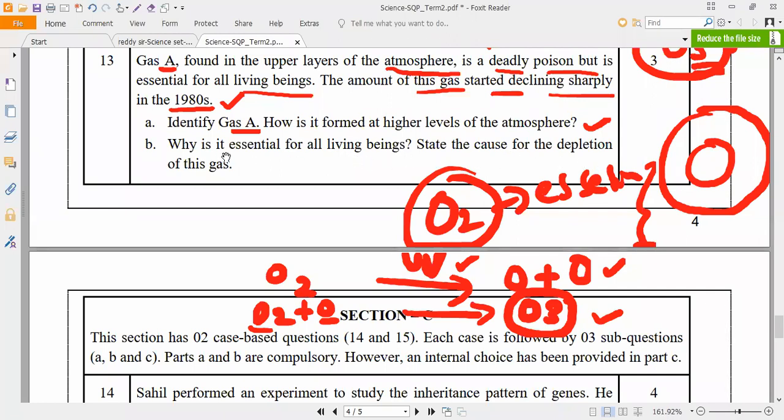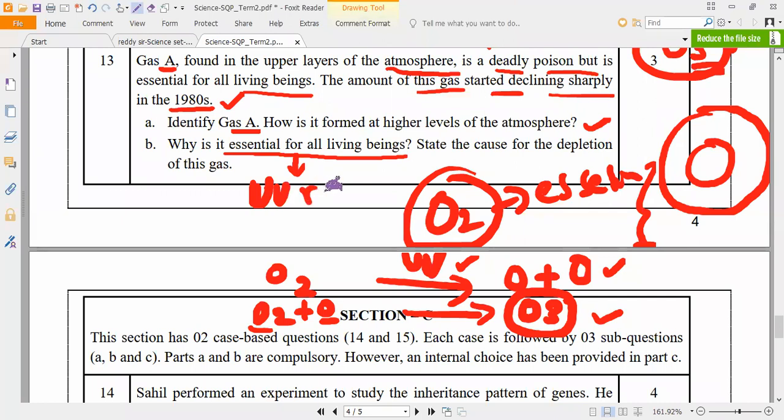State the cause for the depletion of this gas. Anybody? Why is it essential? Please. Ozone shields the surface of the earth and protects us from where, guys? It will protect us from ultraviolet rays. Understand? UV radiation, which is released from whom? UV radiation is released from the sun.